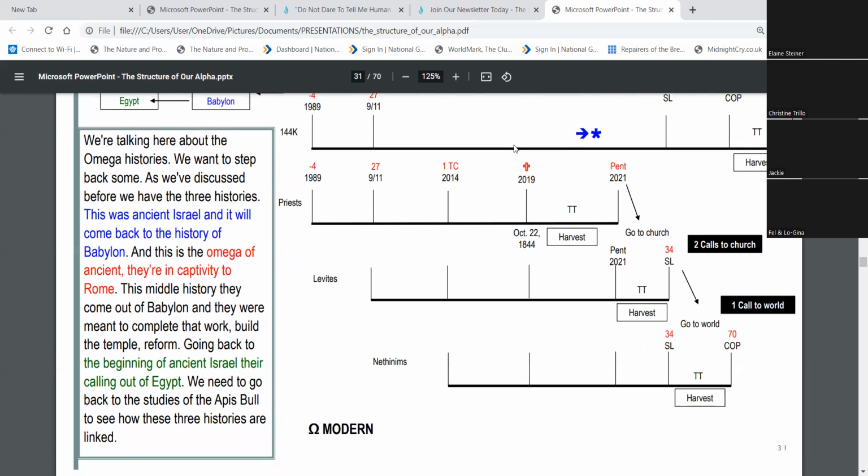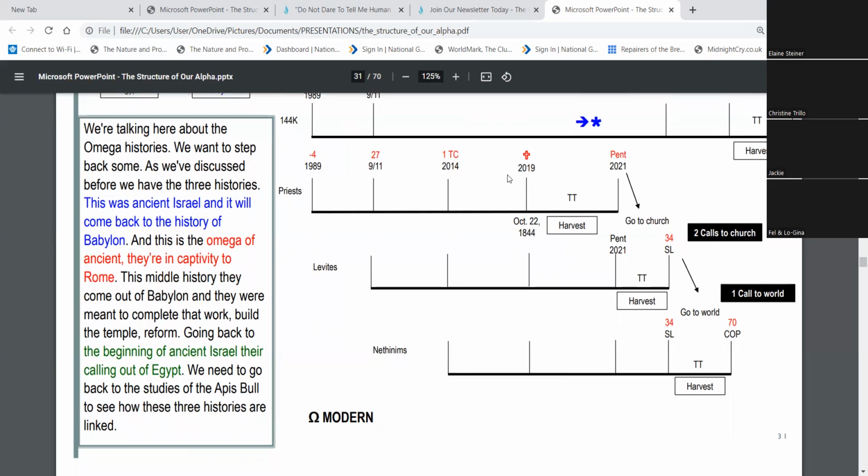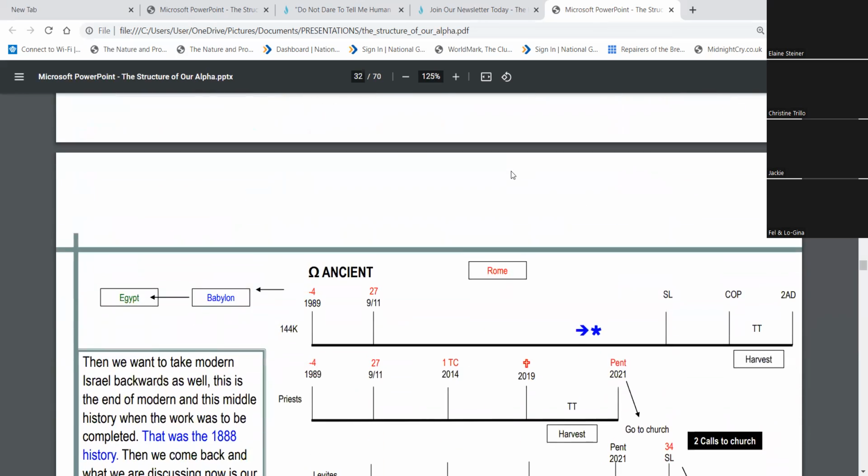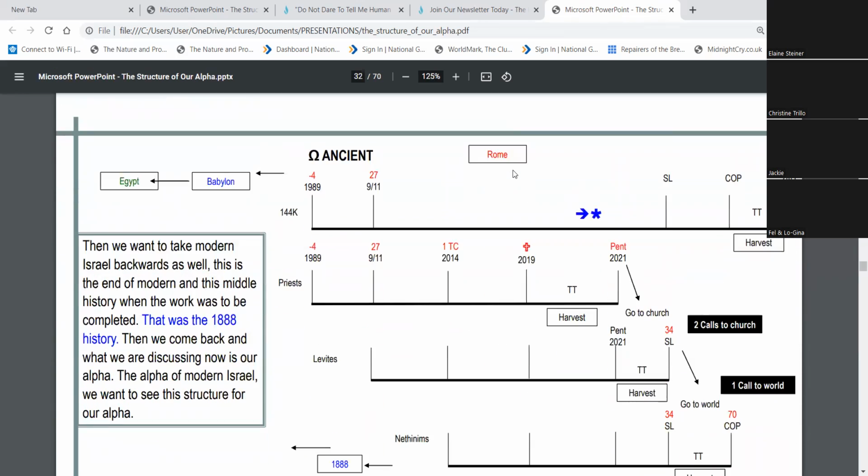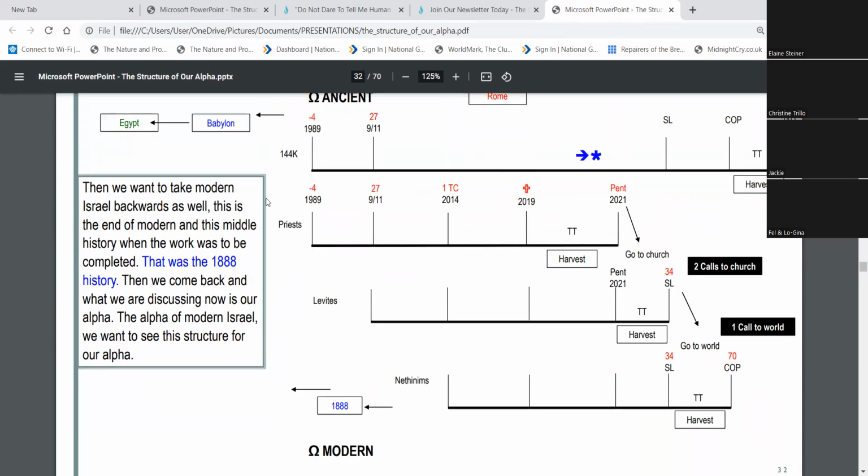Going back to the beginning of the ancient Israel, they're called out of Egypt. We need to go back to the studies of the Apis bull to see how these three histories are linked. Then we want to take modern Israel backwards as well.